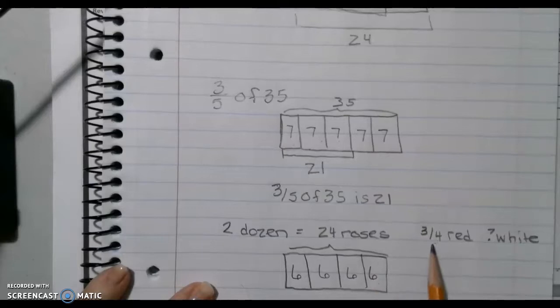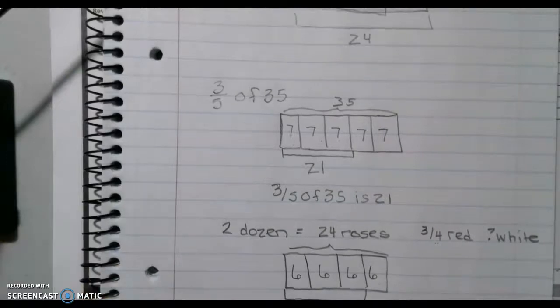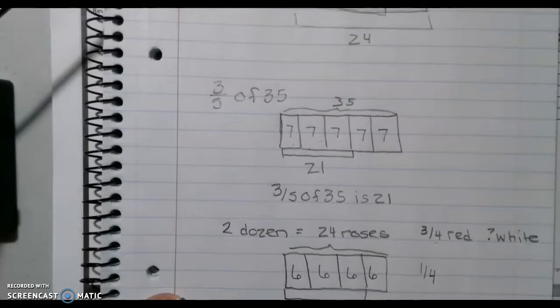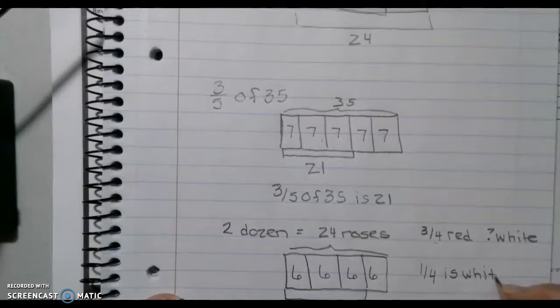And we know that 3 out of the 4 are going to be red. How many are white? That's right, 6. So 1 out of the 4, or 1/4, is white. 6 roses are white.